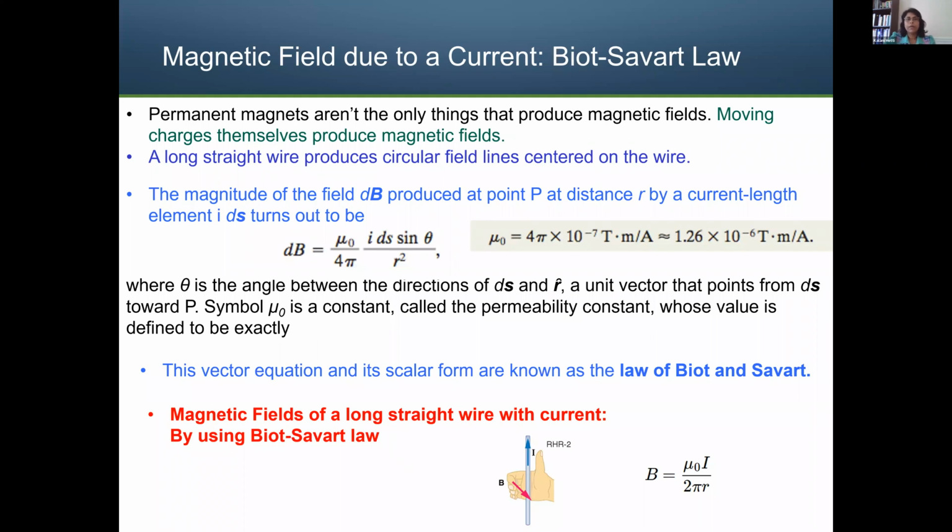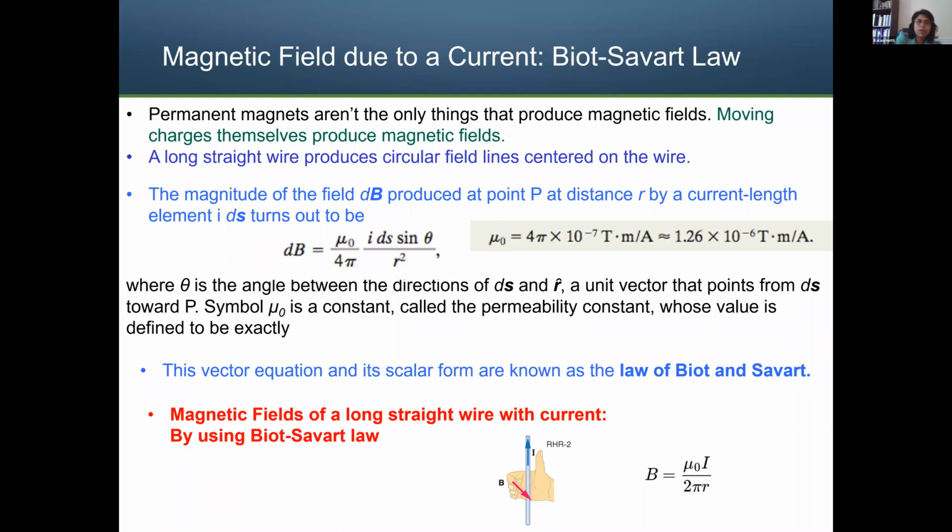But to calculate this magnetic field strength, Biot-Savart is the scientist who discussed how to calculate the magnetic field, not only for this kind of wire, but for any shape of wire. Anything that is a current carrying object or wire will create a magnetic field, and that magnetic field can be calculated by using the Biot-Savart law.